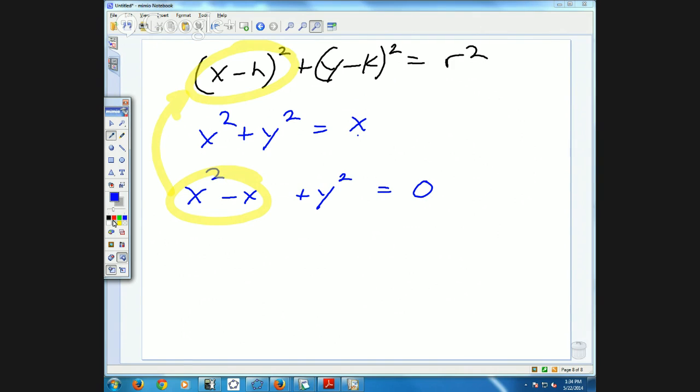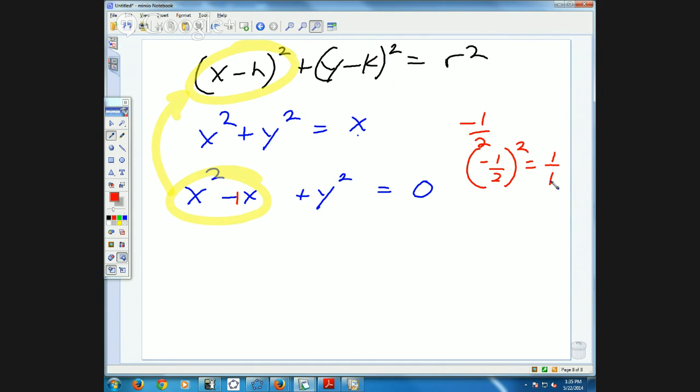To complete the square, you have to identify the coefficient of the x to the first power term. That's a -1. So you take your -1 and you cut it in half. Then you take your -1/2 and you square it. That gives you 1/4. 1/4 is the magic number we have to add here.